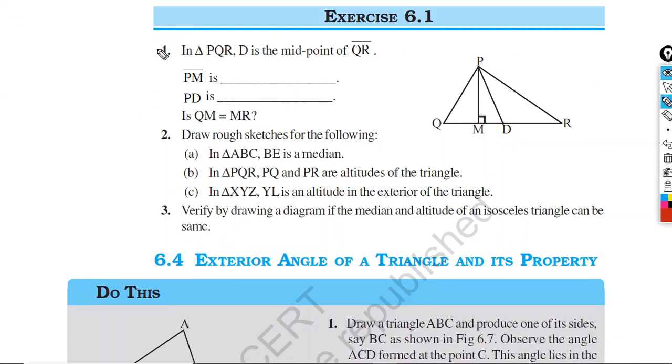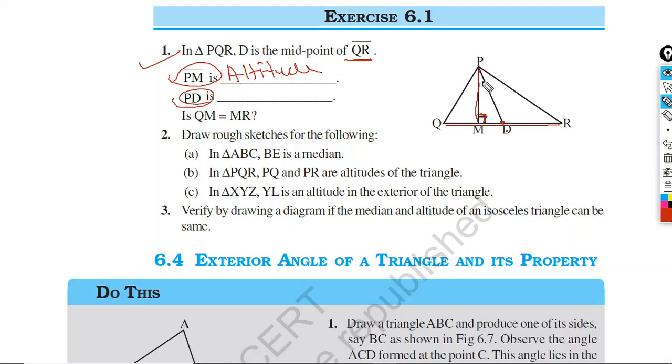Okay, let's see. In triangle PQR, D is the midpoint of QR. Here you can see in triangle PQR, D is the midpoint of side QR. Now PM is dash. Look at it. This angle is 90 degree. Therefore PM must be the altitude of triangle PQR.